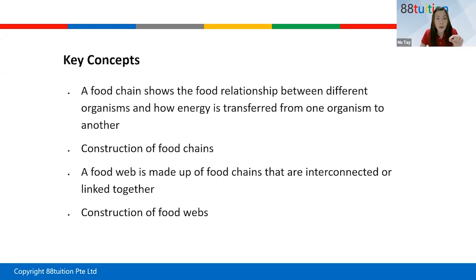Food chain is a very clear-cut one-liner, showing you the food relationship between just a few organisms. But when you have many food chains combined together, they become interconnected, and then it forms a complicated kind of relationship. It's called a food web, like a spider web, right? So you must know all these.